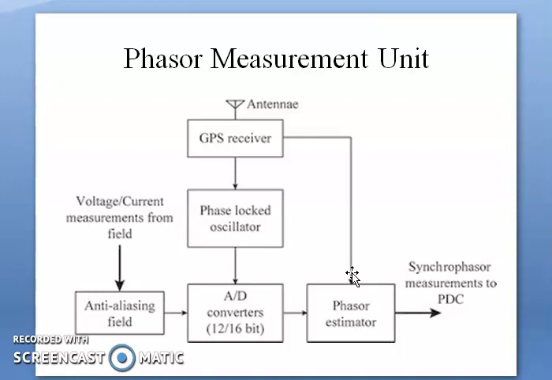Now the phasor locked oscillator corrects any error between the pulses per second and the clock frequencies. Finally the time stamped phasor measurement is sent to the PDC. This PDC is the phasor data concentrator, and the data is sent via a communication interface. So this is how a phasor measurement unit works.